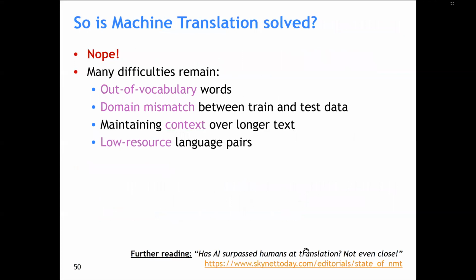So is machine translation solved? Of course not. Many difficulties remain. What if you cannot identify the right word? Those are out-of-vocabulary words. The domain is also a critical part.